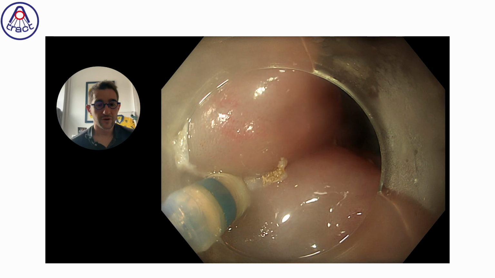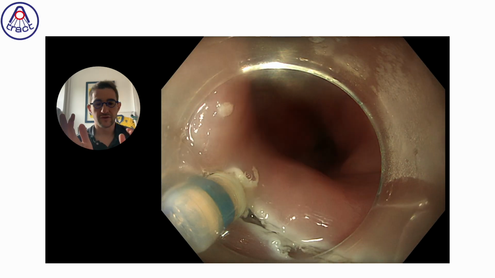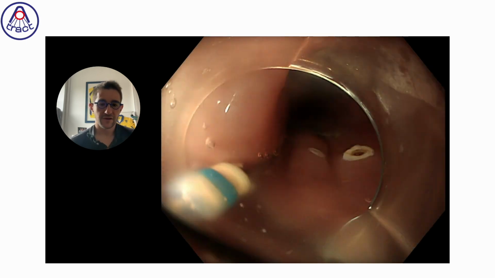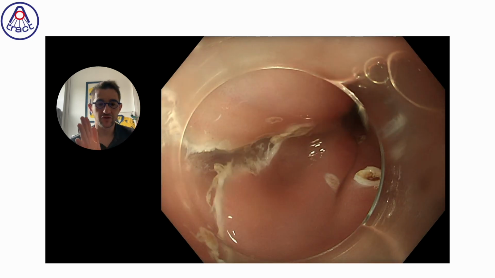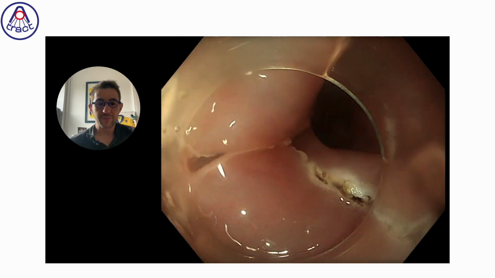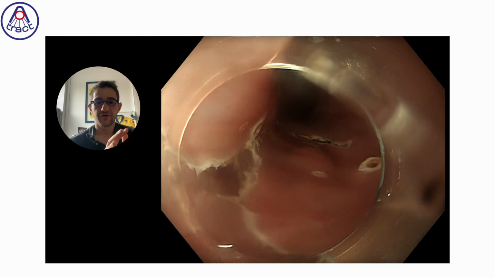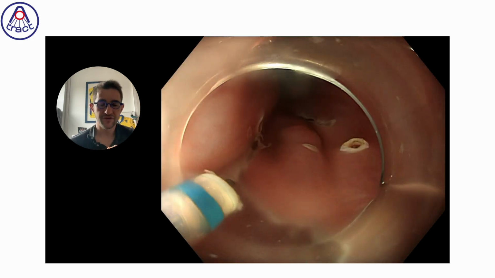Stability should be worked also, because if everything is moving more, it's more difficult. To keep this stability, it's very important to put the cap on the mucosa, because it makes a point of stability, a point where you can push and stabilize yourself.